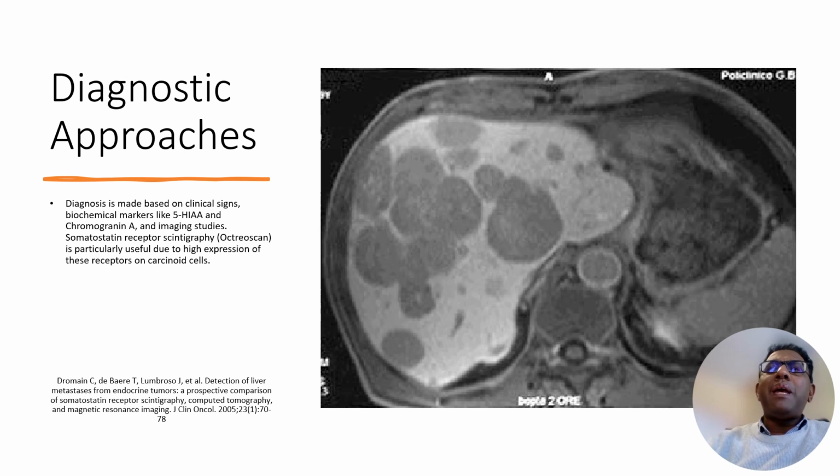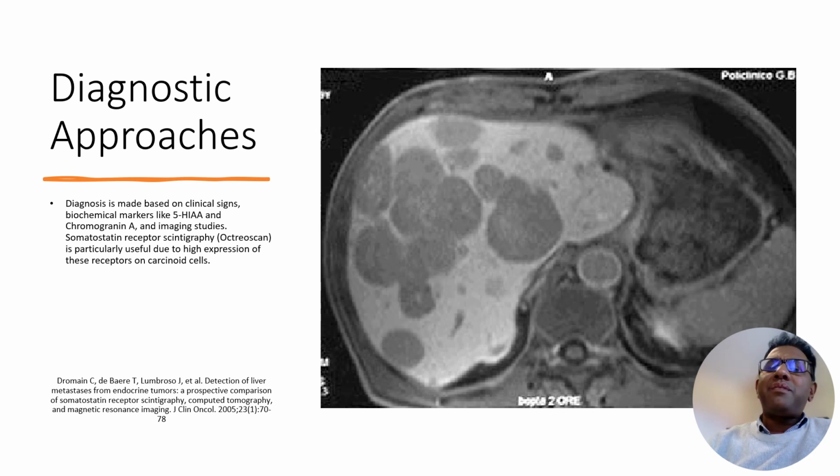How do we make the diagnosis of carcinoid tumors or syndrome? It's made on clinical signs, biochemical markers like your 5-HIAA and chromogranin levels, together with imaging studies.